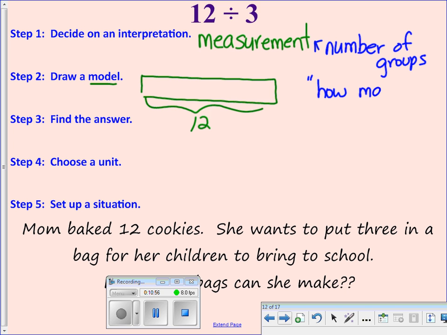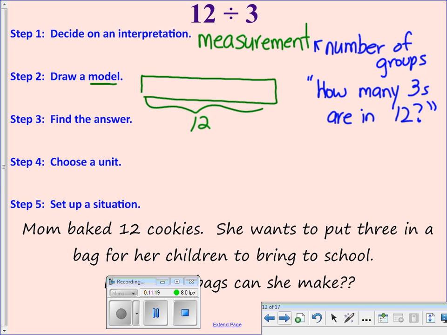How many threes are in 12? That's what you should be asking yourself. In measurement, we're trying to find the number of groups. Write this down in your notes, in your margin. It's a good strategy to help you remember what they mean.